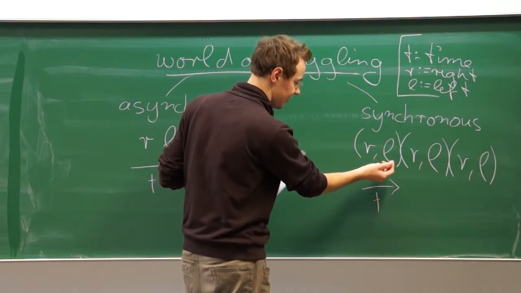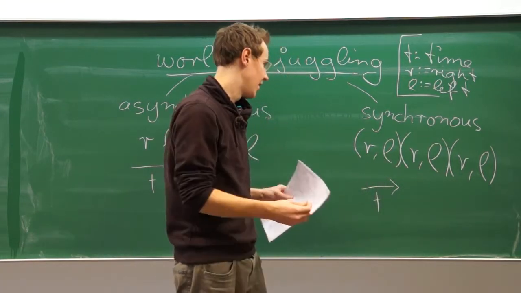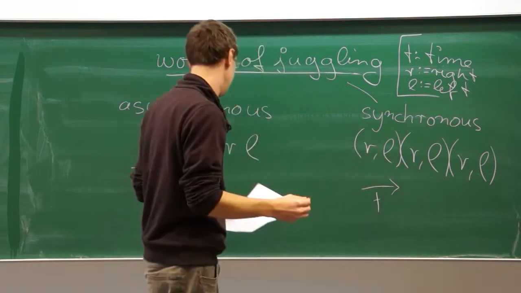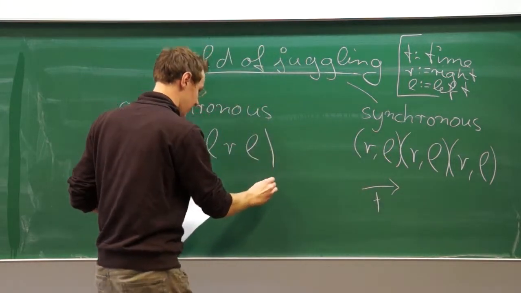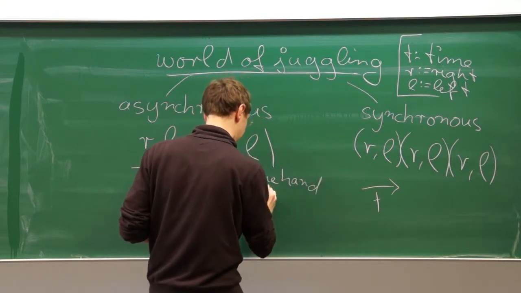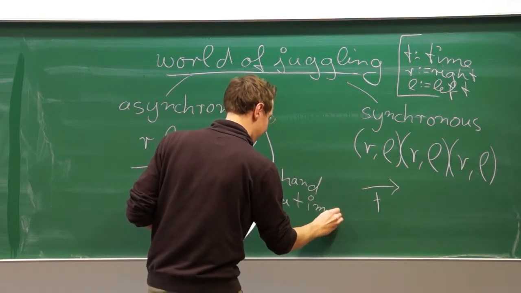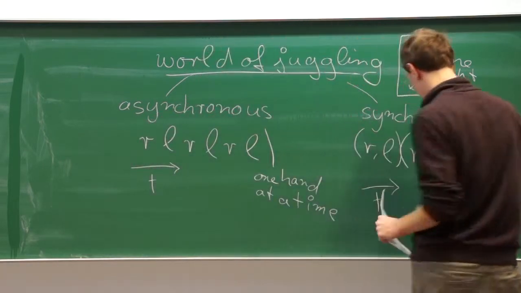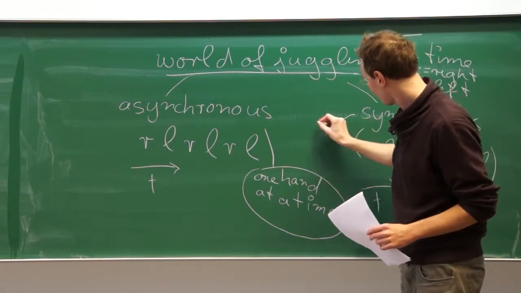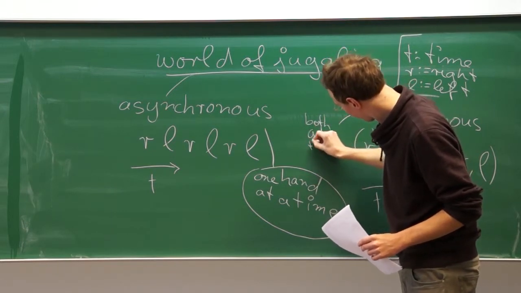So here I just describe two things that are happening at the same time, my right hand and my left hand at the same time. In the synchronous version I have to describe both hands at the same time.